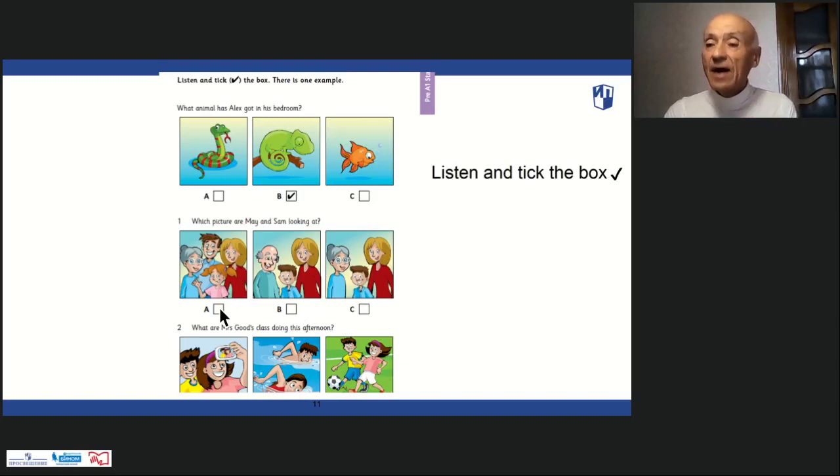Again, attention development, attention management, attention control. These are very important skills at this age. We are talking about primary school students, and they tick the corresponding box.